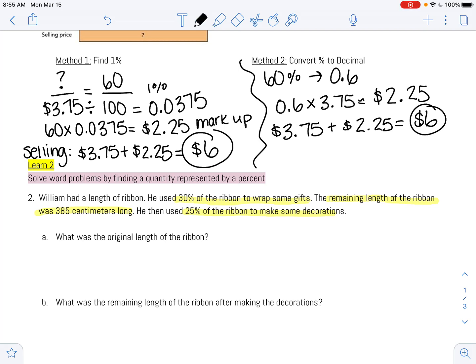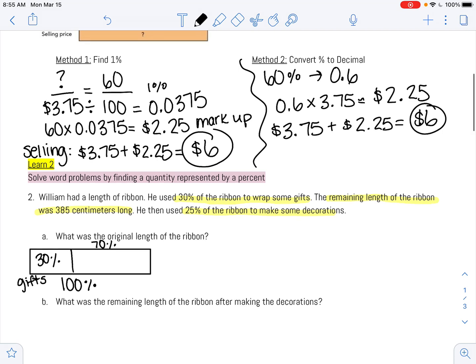If we think about this with a bar model, we know that the entire length of the ribbon would represent 100%. 30% was used for gifts, so that means that 70% is left over, and the remaining length is 385 centimeters.